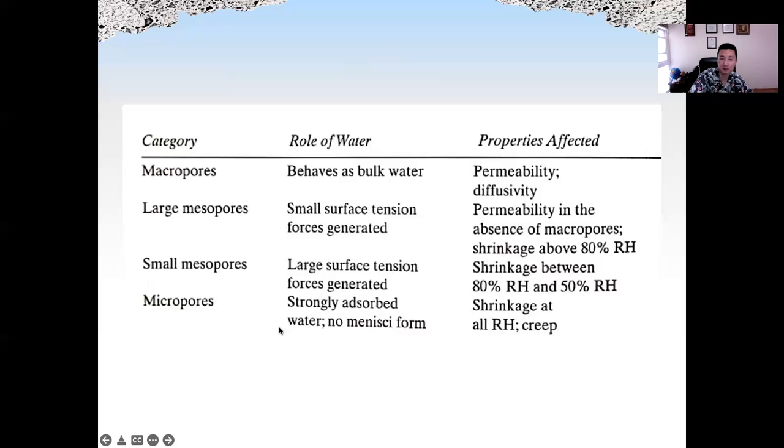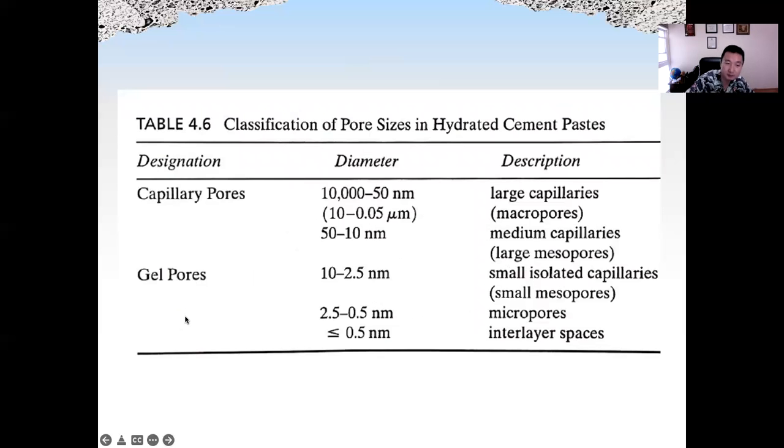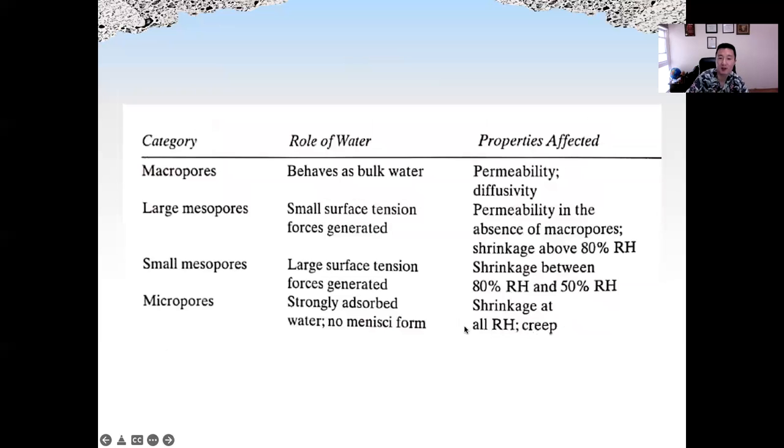And for micropores, from 0.5 to 2.5 nanometer, that's the adsorptive water. The shrinkage may occur at all different levels of RH. It can also cause concrete to creep.